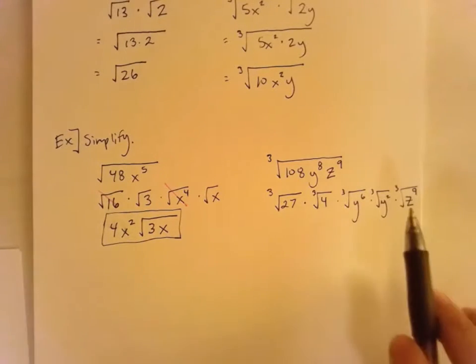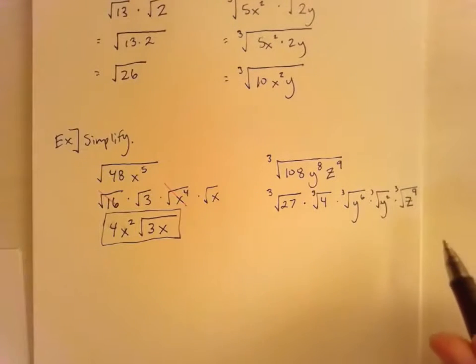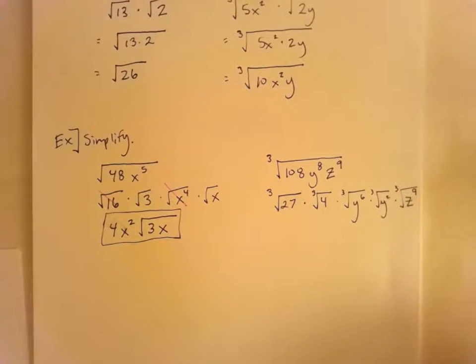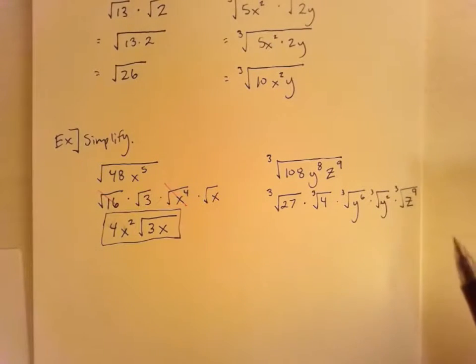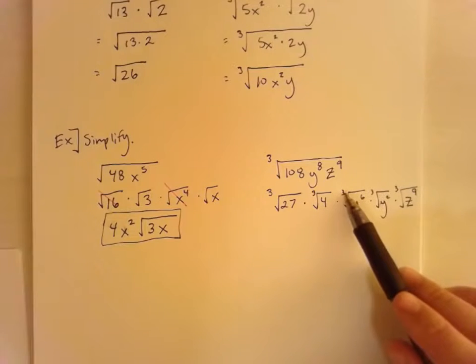And here's why this makes sense to break up the variables in this way. When you are breaking your variables up into perfect cubes or perfect squares, you need to pick numbers that are divisible by your root. So I chose to break it up as y to the 6th because 6 divided by 3 is going to be 2.